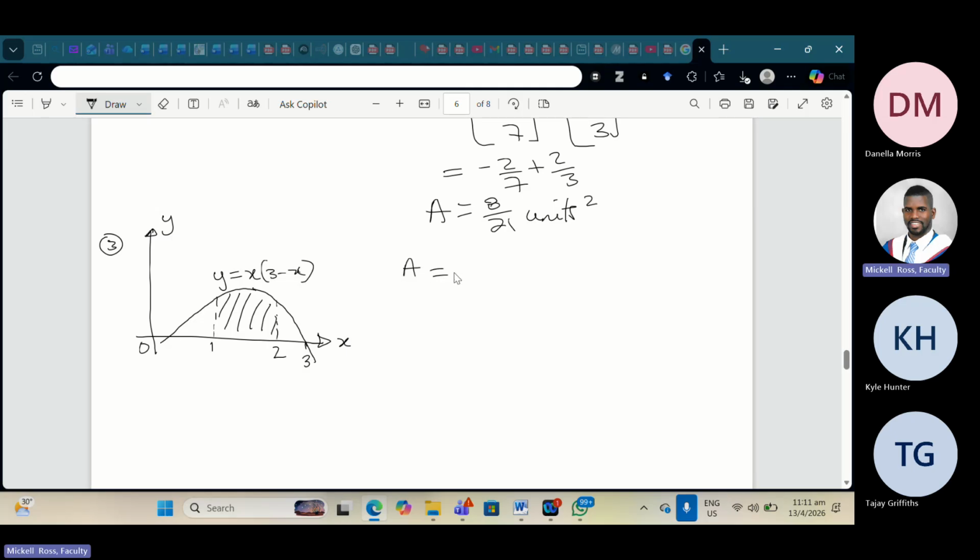So the area is equal to the integral from 1 to 2, multiplying out, we get 3x minus x squared dx. Integrate as is: 3x squared divided by 2 minus x cubed divided by 3, and we're integrating from 1 to 2.